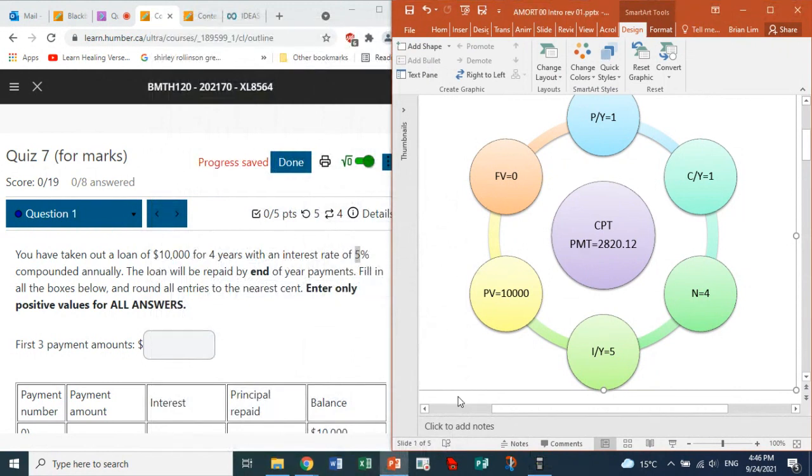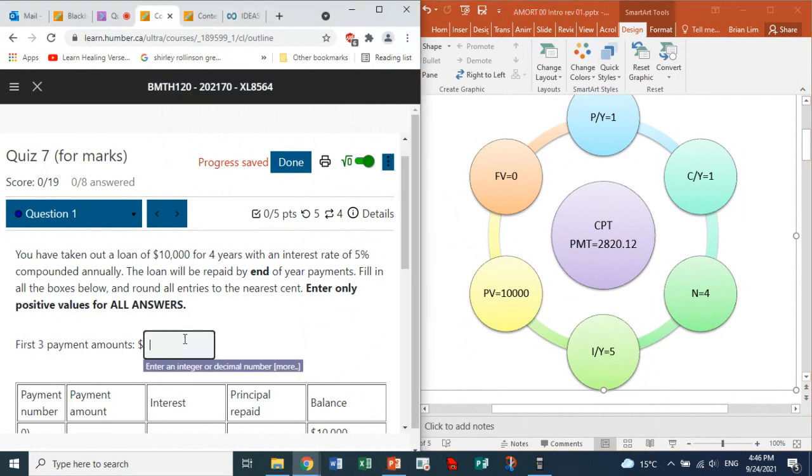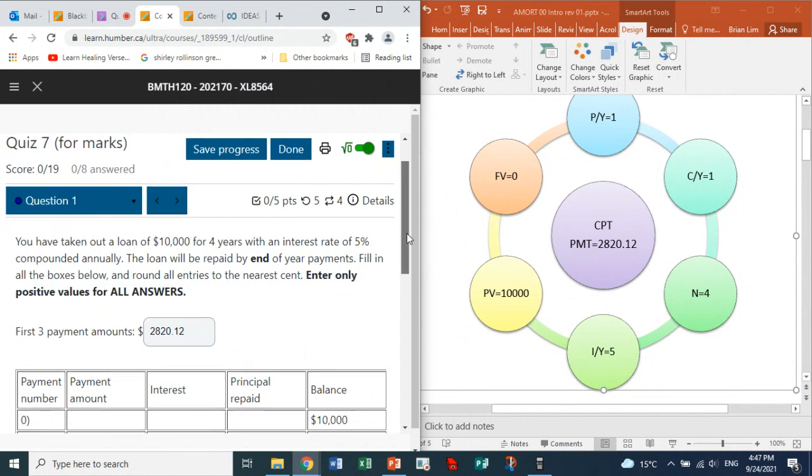So what next is for us to do? That number goes in here, 2820.12. Remember, we enter only positive values. So that's the answer in there.